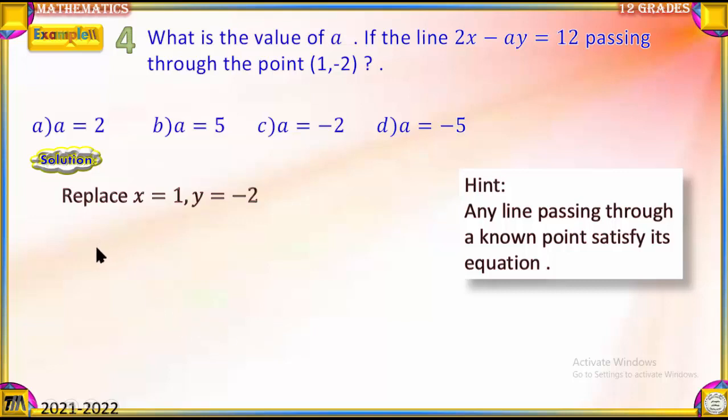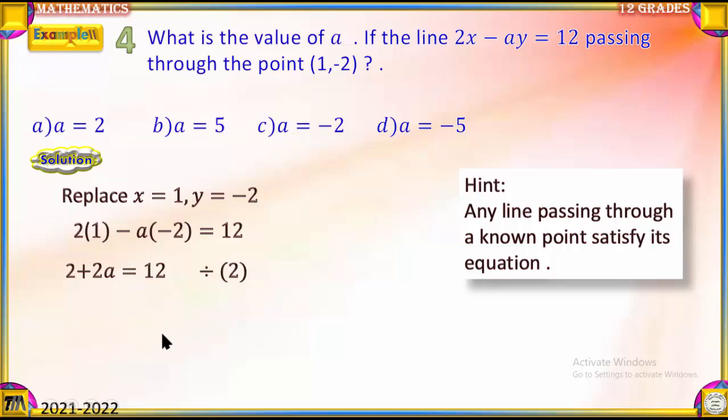And now to find the value of a, replace x equals 1 and y equals minus 2 in the equation, which becomes 2 times x, which is 1, minus a times y, which is minus 2, equals 12. 2 times 1 is 2, and minus a times minus 2 is plus 2a, equals 12.